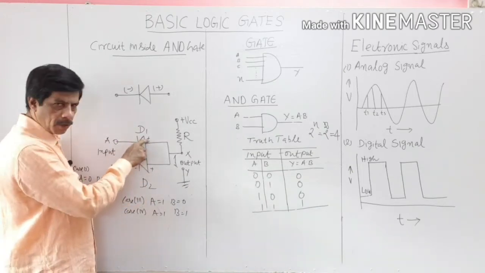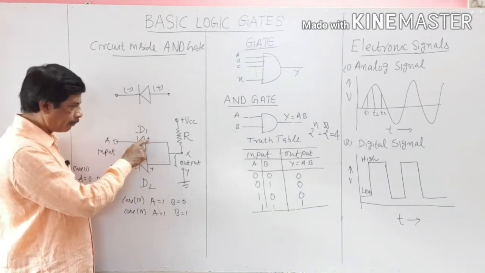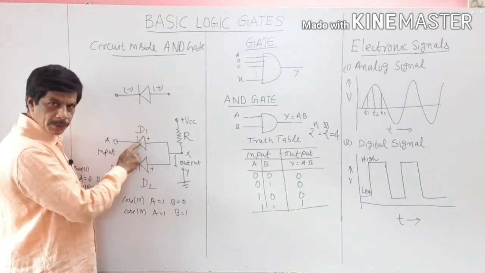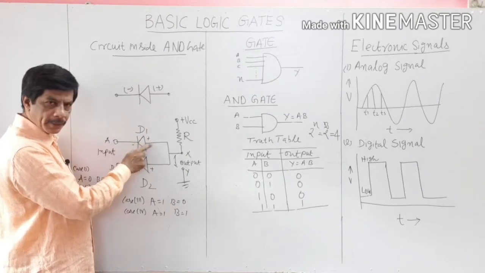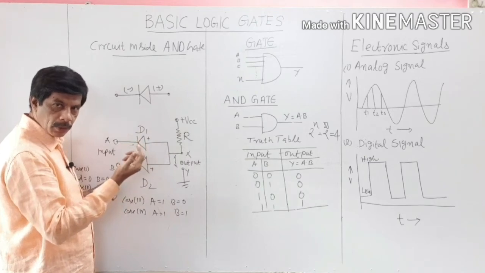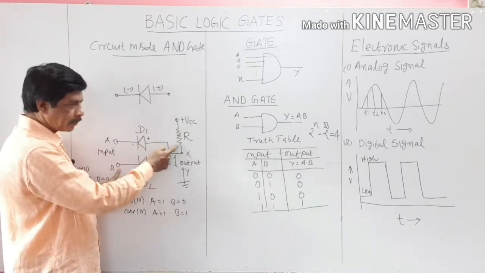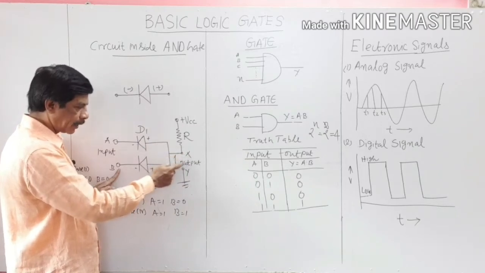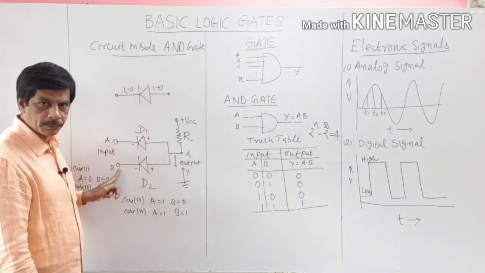D1 is in forward bias, and because of D1, due to forward bias, it generates current. Again, that current is dropped across capital R as a voltage drop. Because of the voltage drop, this voltage cannot enter the point capital X. Again, the output between capital X and capital Y is equal to 0.